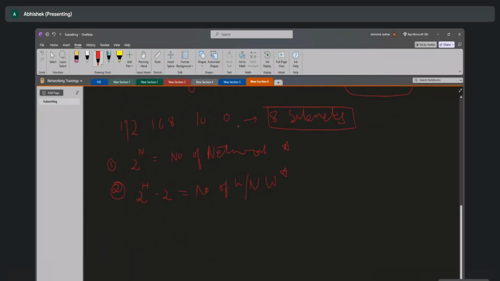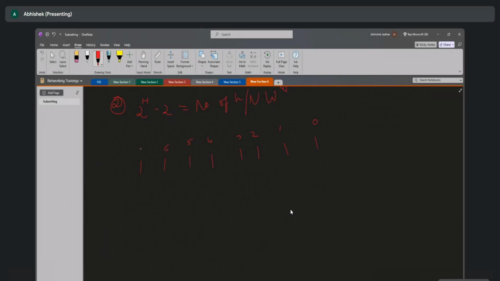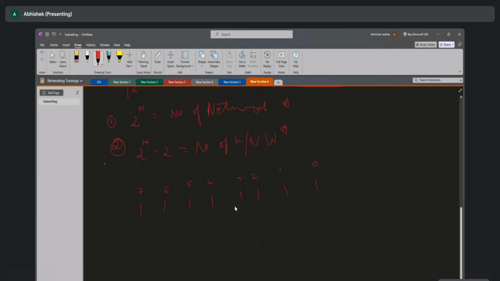For each octet, how many bits do we have? 1, 2, 3, 4, 5, 6, 7, 8. And to convert these decimals into binary, you go for each position from right to left: 0, 1, 2, 3, 4, 5, 6, 7. I believe you might be having a doubt from the beginning.